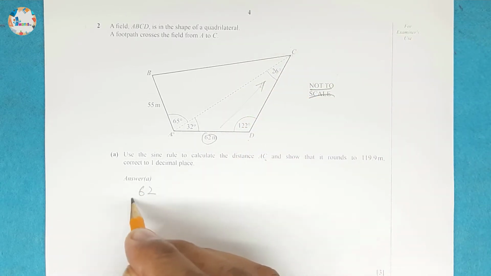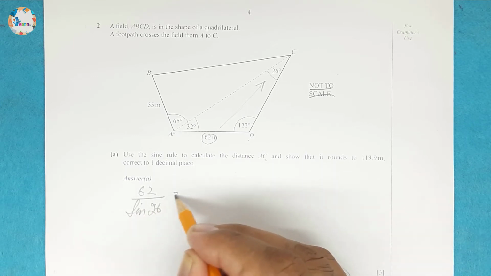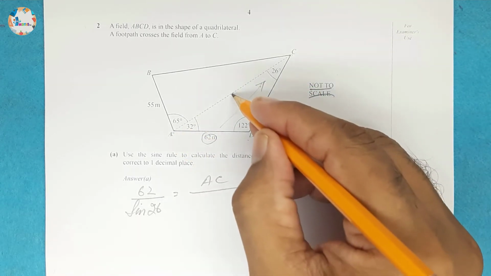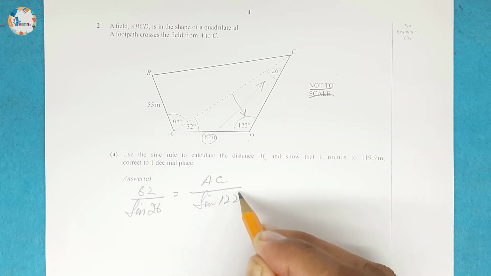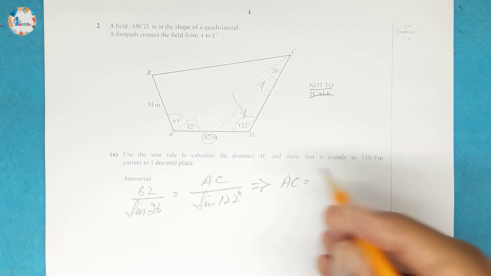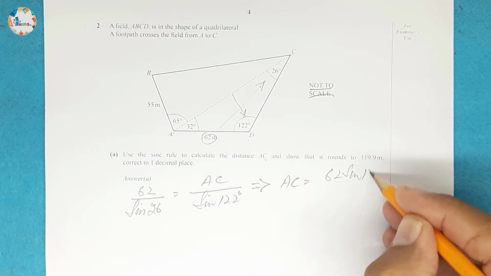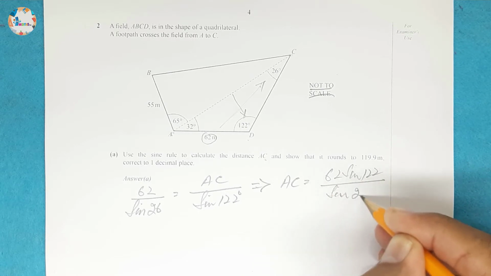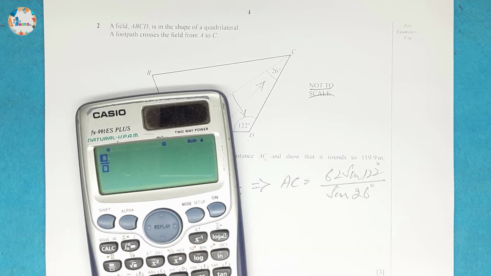So 62 divided by sine of 26 degrees will be equal to AC divided by the opposite angle, which is this one, sine of 122 degrees. And this implies AC is equal to 62 sine of 122 divided by sine of 26, and this is the simplification which we have to do.